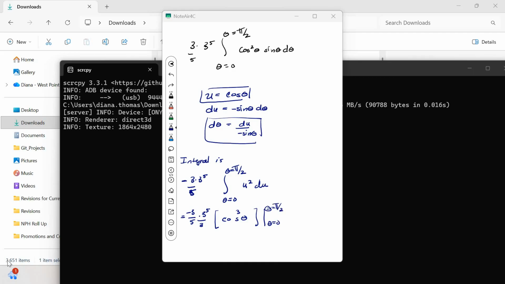Okay, again, tracking what I'm doing. All I did is, this is u cubed over 3 when you integrate it. So I did the over 3 out here. I just threw it again outside. All numbers are just going to the outside. And now I can plug this in.